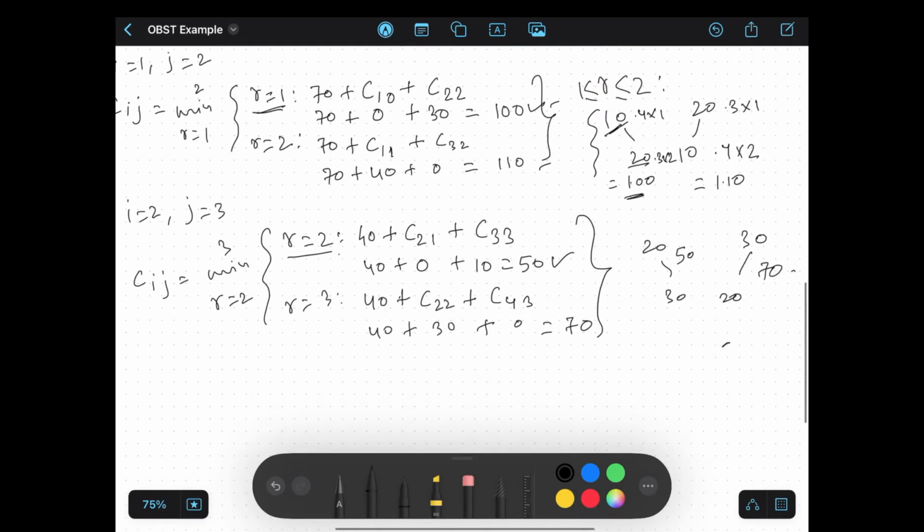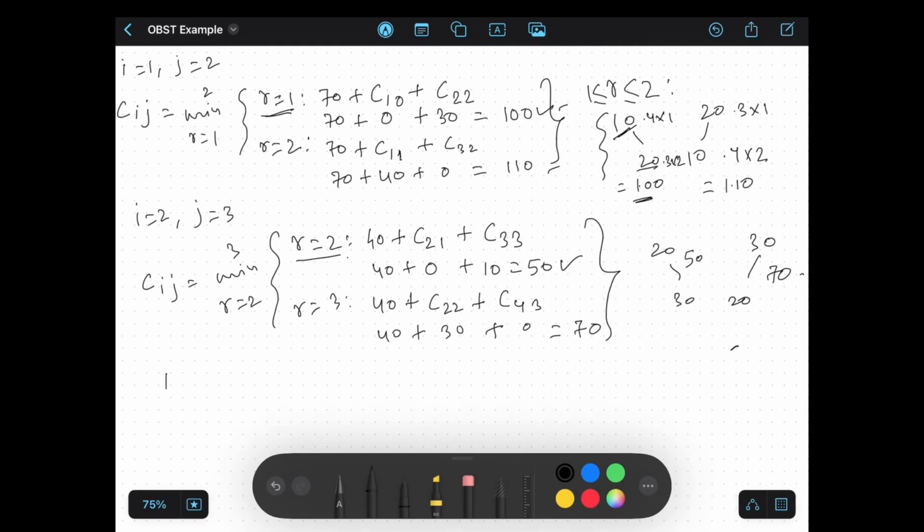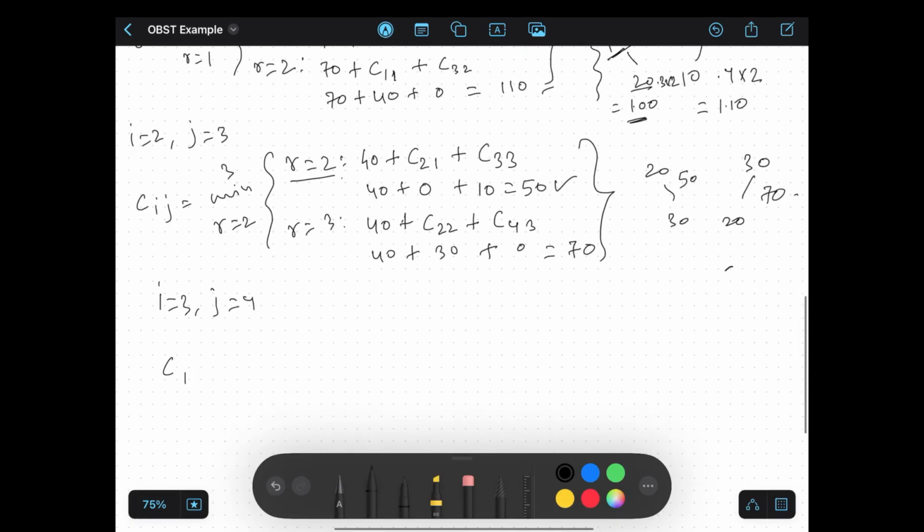So now next is 3, 4. When i is equal to 3 and j is equal to 4, we are going to find cost of ij, which is r going from 3 to 4, r is 3 and r is 4.